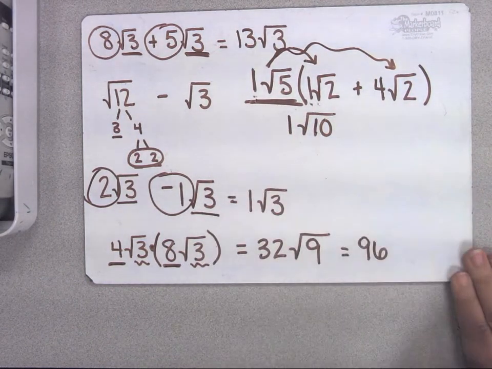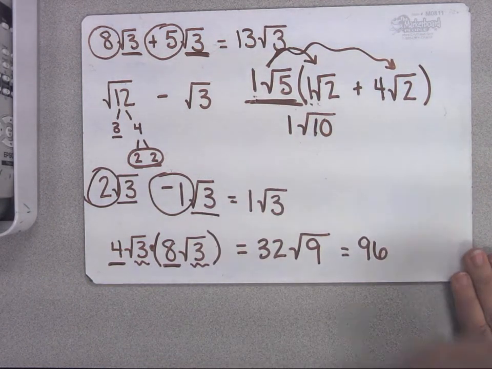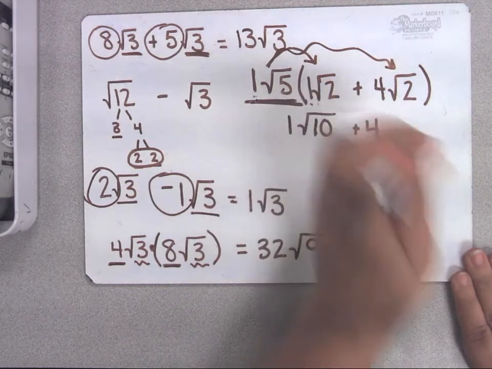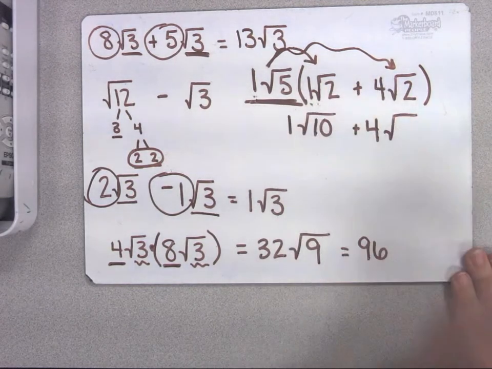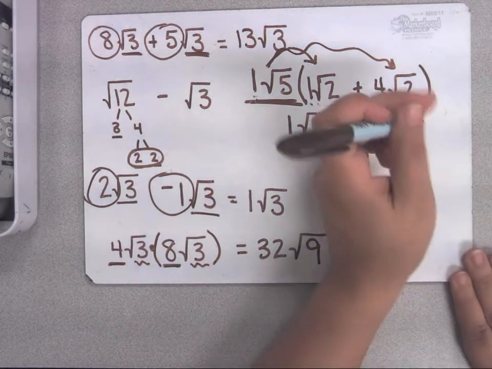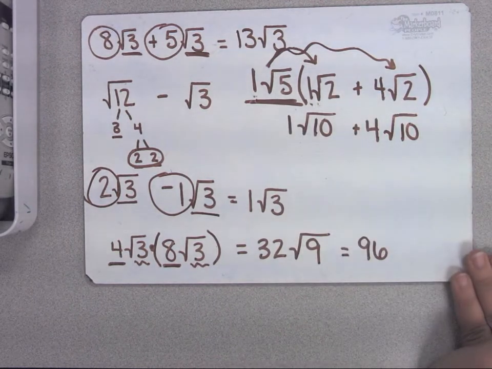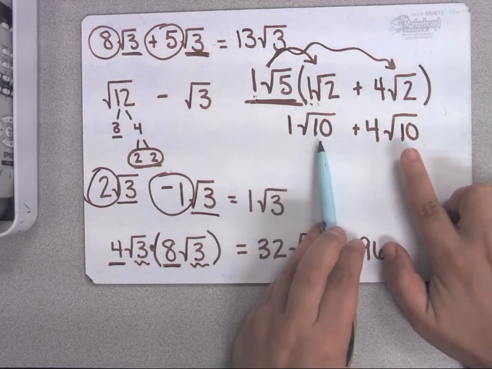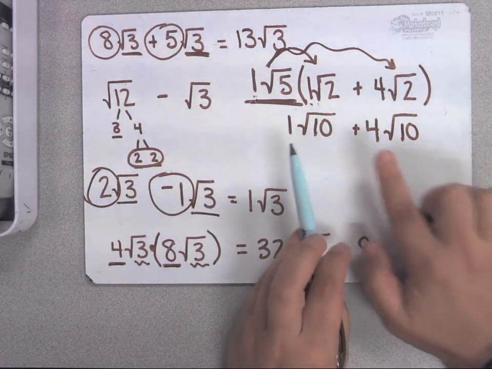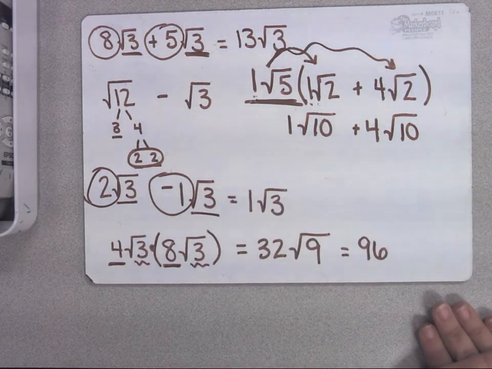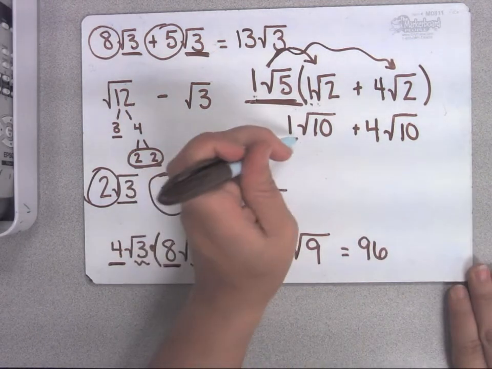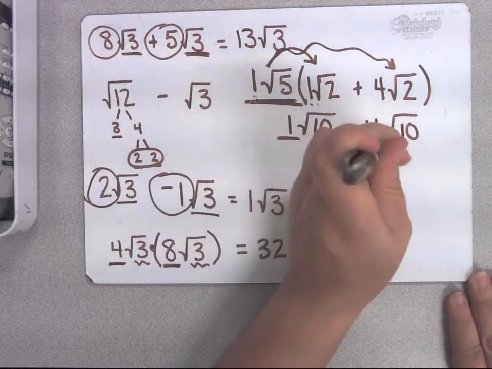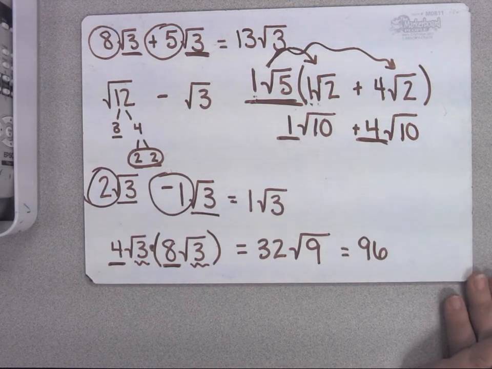Outside times outside, positive 4. Inside times inside, 10. Once we do this, we ask ourselves, are these like terms? Are these radicals the same? So what can we do with the numbers in front of them? We can add them. So I have 1 of them up here and 4 of them back here. So how many total do we have? 5.